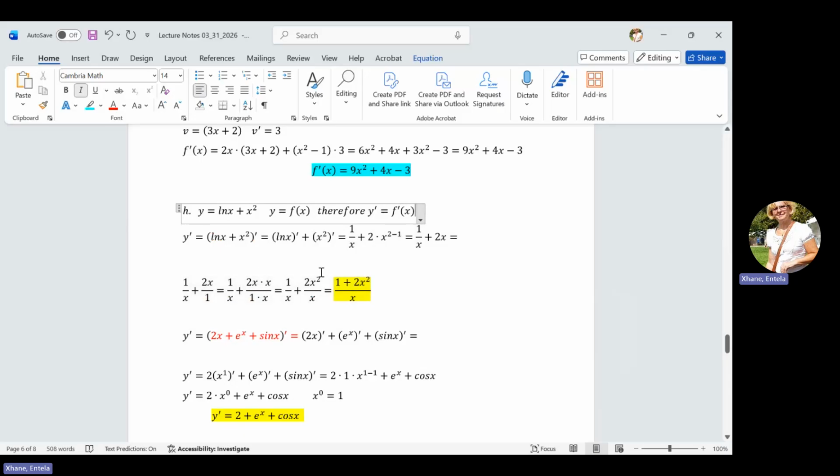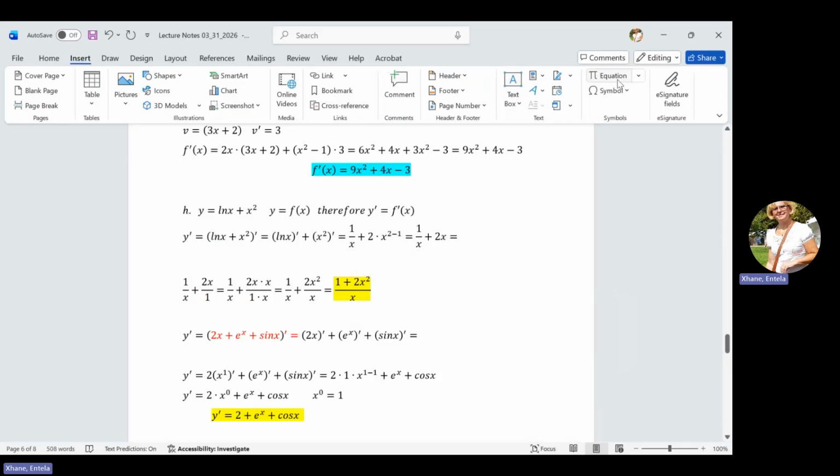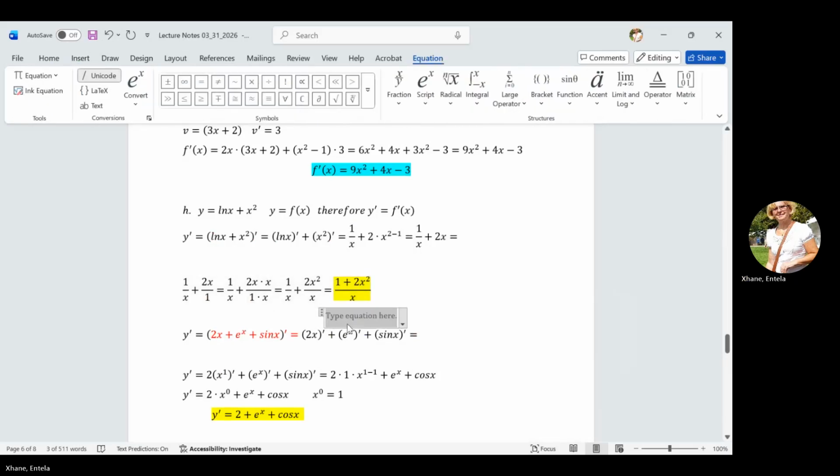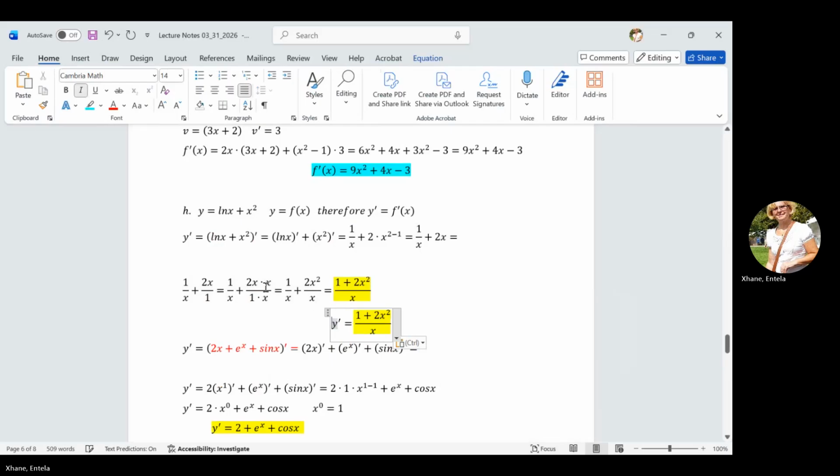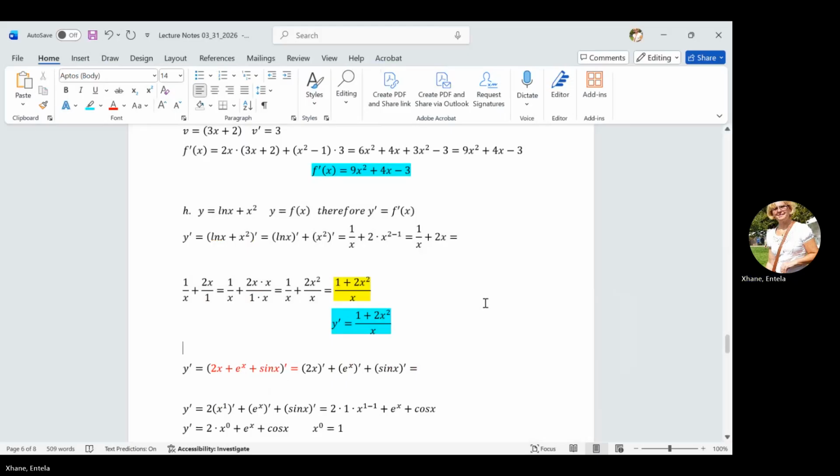So you get 1 over x plus 2x squared over x, which you can write as 1 plus 2x squared over x. So therefore, your function y prime, and that's going to be the final step, is equal to 1 plus 2x squared over x.